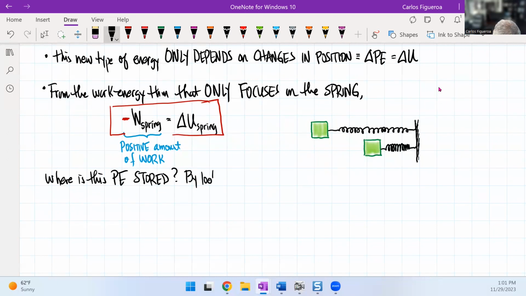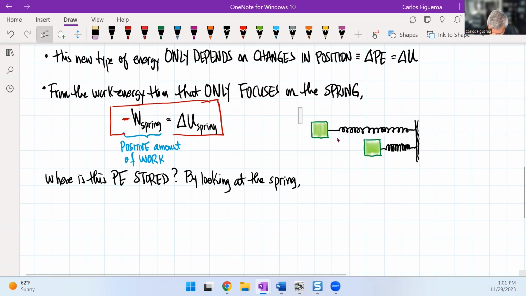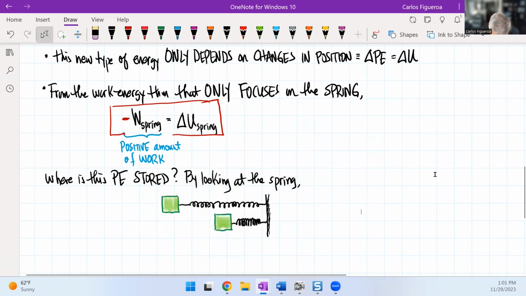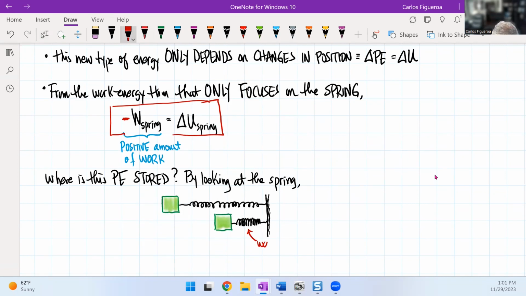By looking at the spring, we can see that the work done is stored in the spring compression.